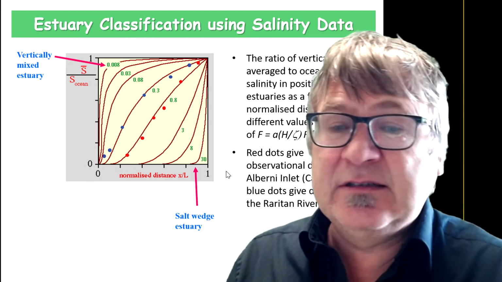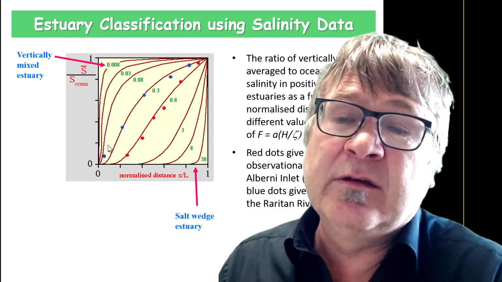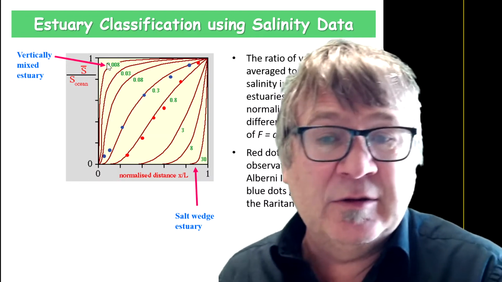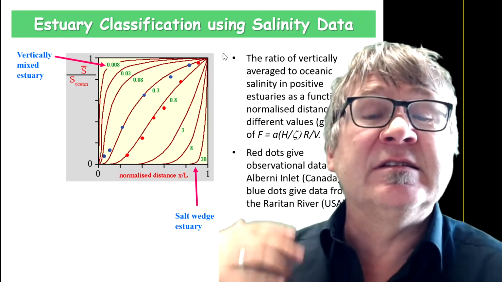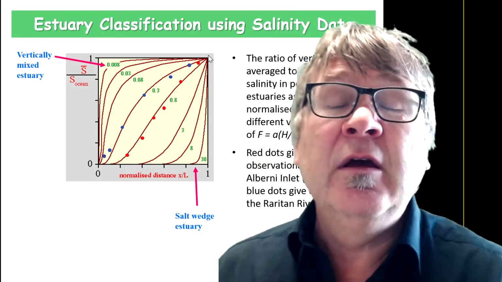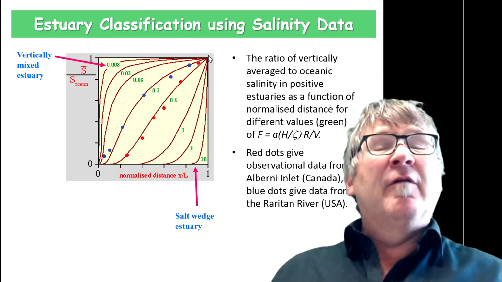This is normalized distance on the x-axis, and the y-axis shows you the salinity ratio. 0 is the freshwater environment, 1 is the seawater environment, and then you have different types of curves.